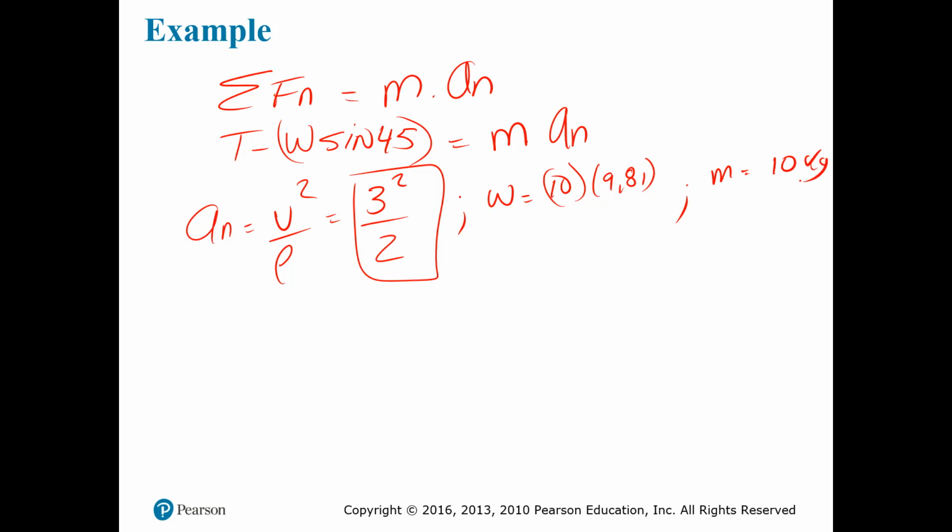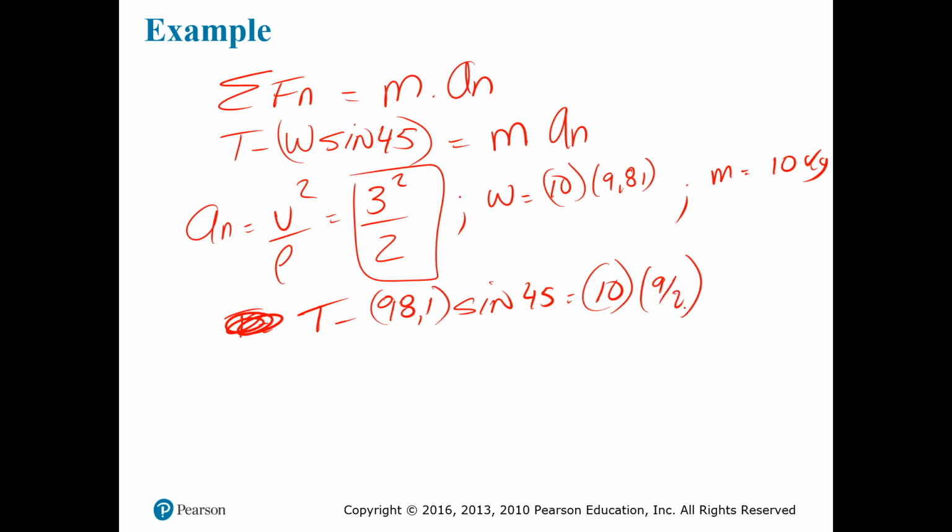If I plug all of these values into the equation, I get T minus 98.1 sine of 45 equals 10 multiplied by that acceleration, and when I do that calculation, I get that T equals 114 newtons. All right, so that answered the first question, which is the tension of the cable.